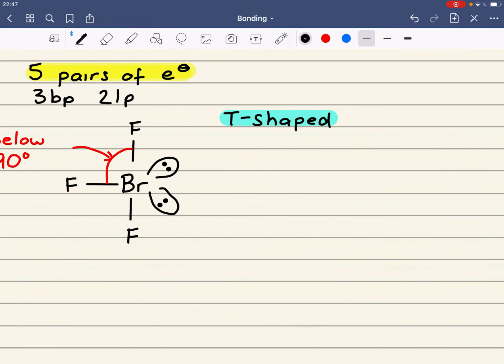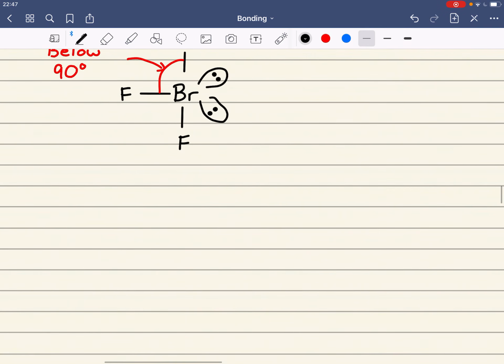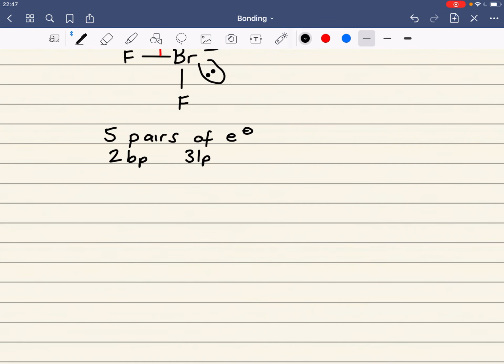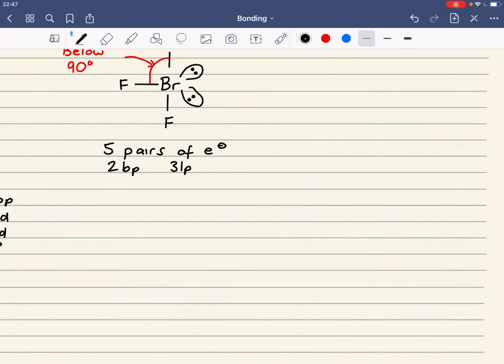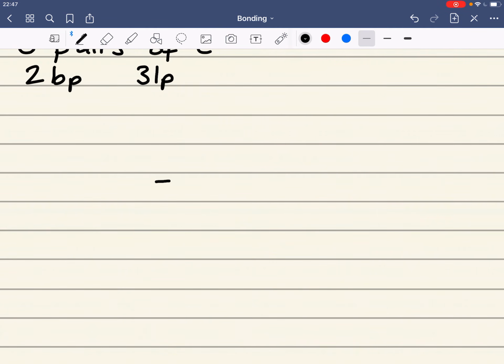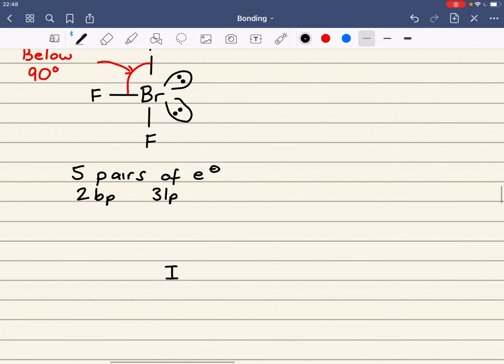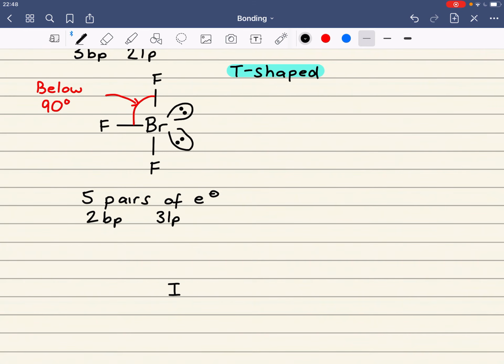Now I've got one more example where we've got 5 pairs of electrons. And that's where we've got 2 bonding pairs and 3 lone pairs. And that is when we've got an I3- ion. What we've got now is, if you have a look, I'm now going to remove another bonding pair and replace it with a lone pair.